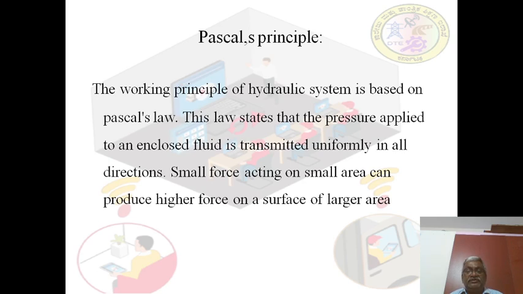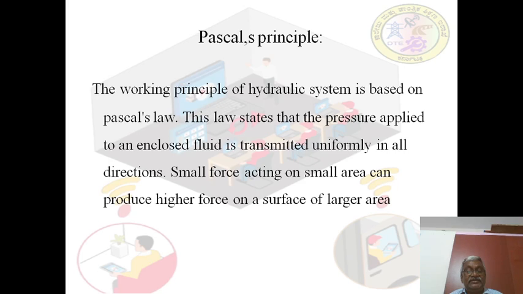So, fluid in a confined volume, fluid in a closed container. There should not be any leak; it should be a closed system. In that system, if we apply pressure at one point, whatever pressure is created inside the fluid is transmitted undiminished in all directions.